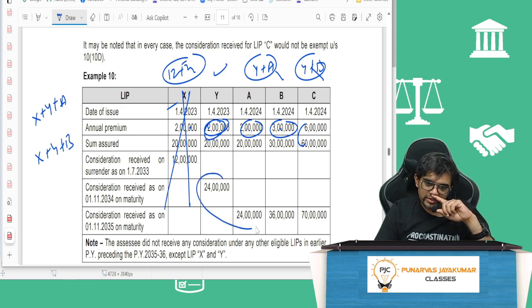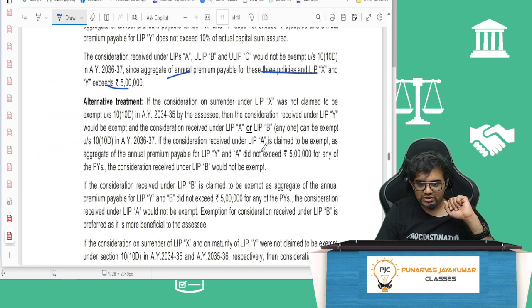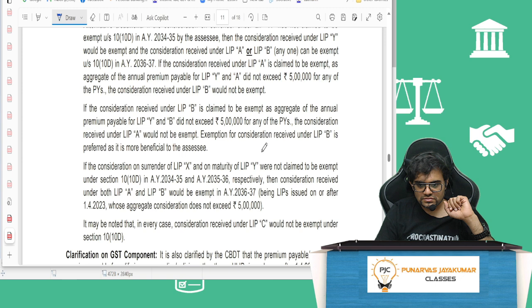So you can take 24 plus 24 or 24 plus 36. This is better. 24 plus 36. So you see here, in every case, C will never be exempt. We have seen that.